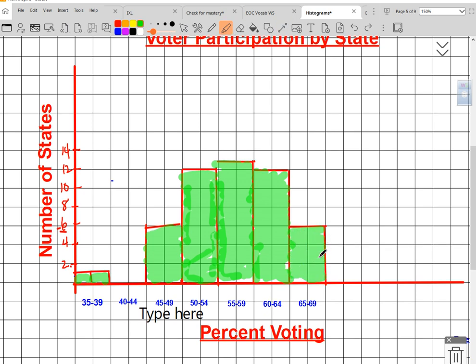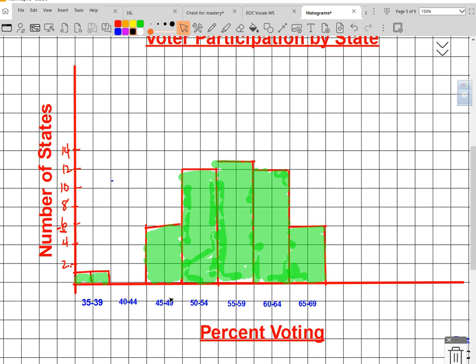And the way we read this, sometimes the most important part about the histogram, though, is that you can read one. Probably on the EOC you're not going to have to create one. They might ask you some examples about which of these is a histogram. We would not consider it a valid histogram if the intervals weren't even.